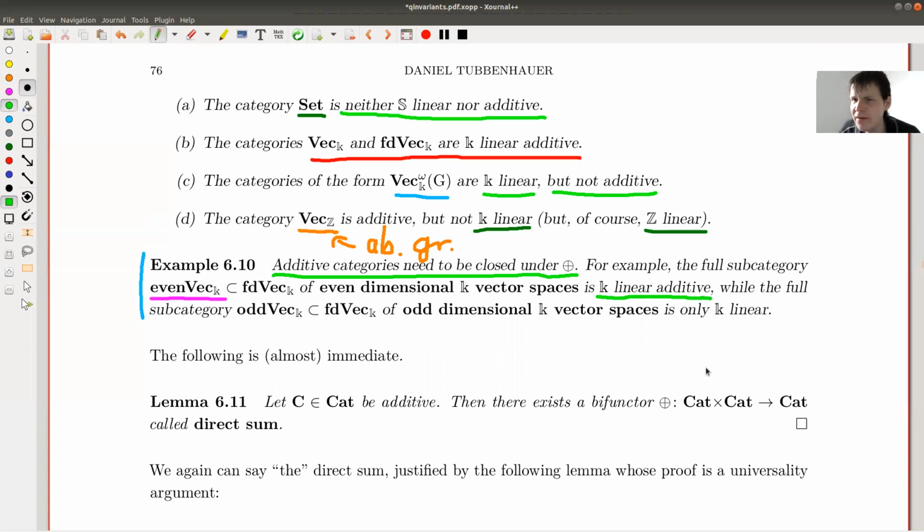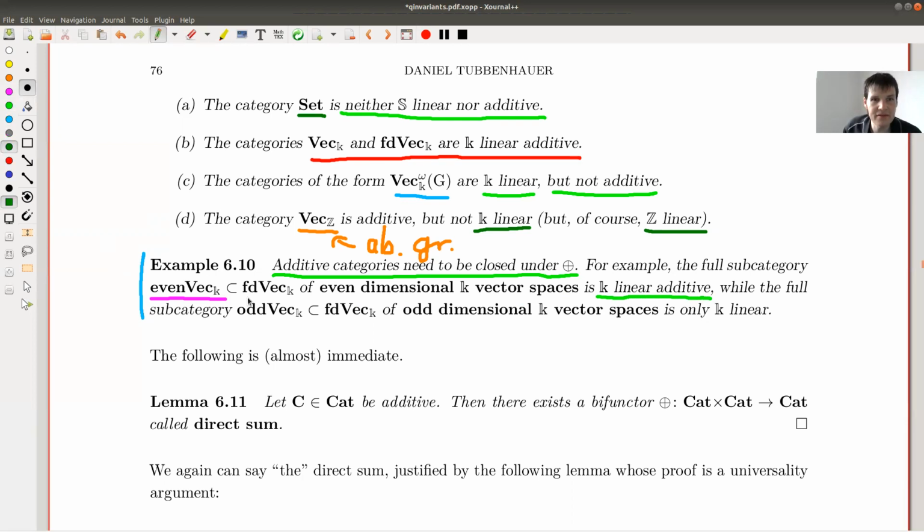And you will realize, ooh, they are k-linear and additive. Why? Okay, the only thing you basically need to check is that an even dimensional vector space direct sum an even dimensional vector space is an even dimensional vector space. The only thing you really need to observe here is that even plus even is even.